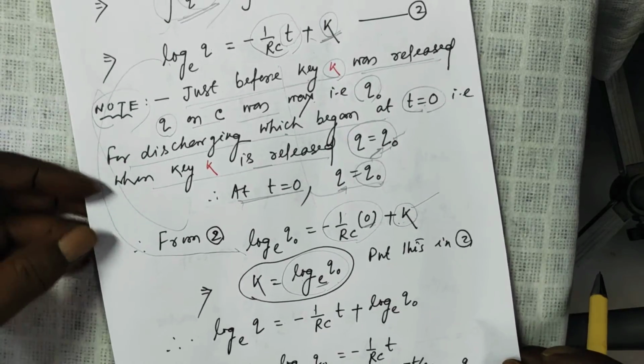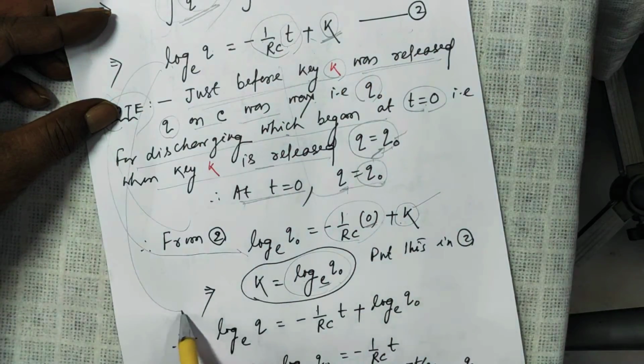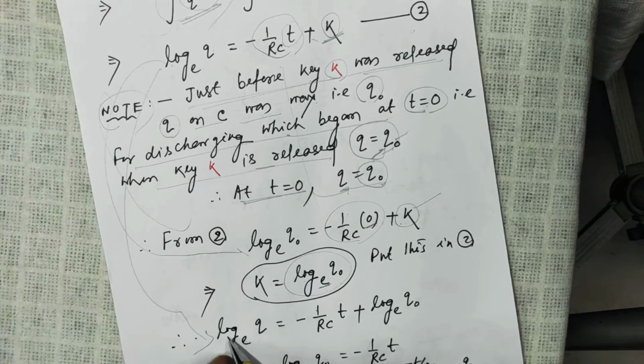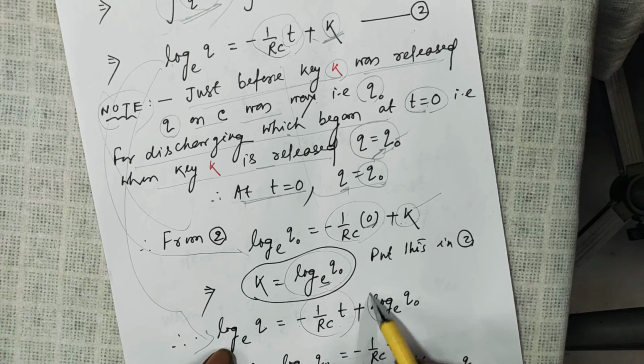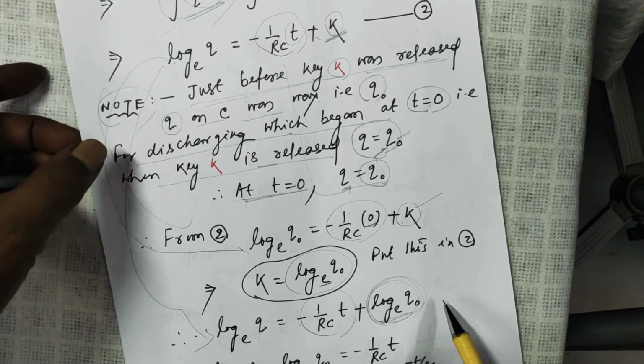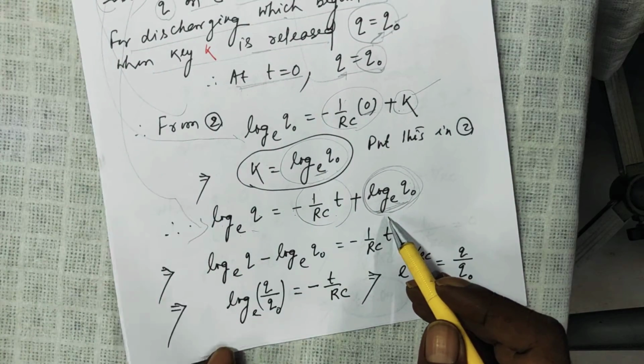So this equation 2 now becomes log Q with respect to base E, minus 1 by RC into t, plus your integration constant which we just discussed, log Q naught with respect to base E. Now there are two logarithms on one side.